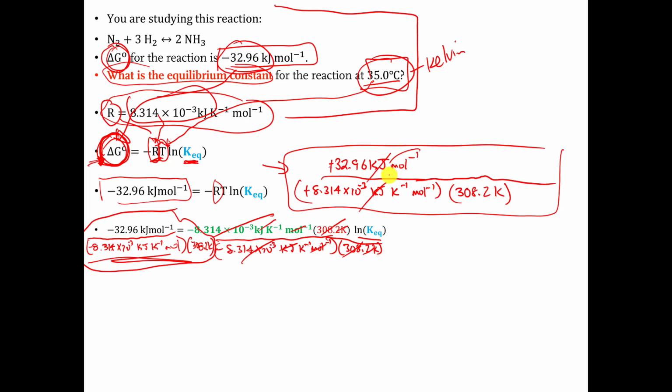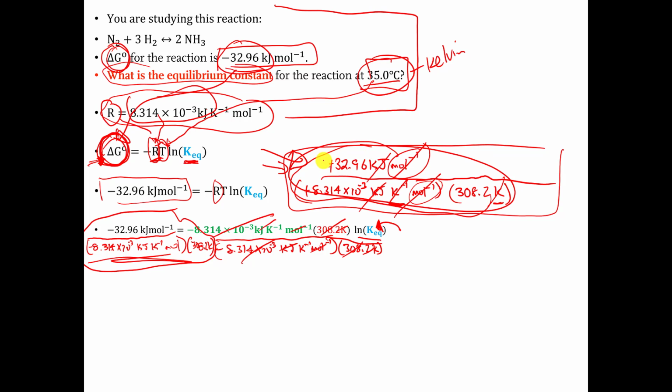You have moles to the negative 1 in the numerator, moles to the negative 1 in the denominator, those will cancel. And then you're multiplying Kelvin to the negative 1 times Kelvin, those will also cancel. So all the units are gone on the left side. If you remember from the previous week, I said that equilibrium constant is usually written without units for reasons that we won't go into, so this hopefully makes sense that it has no units.